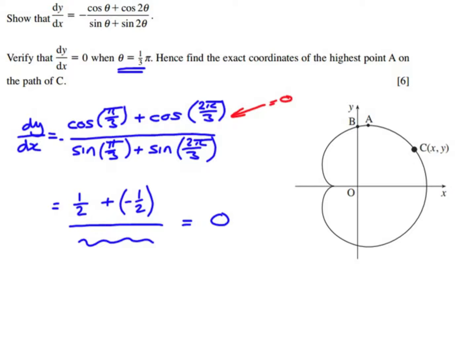We're then asked to find the coordinates of the highest point A on the path of C. Now we need to realise that if the gradient is 0, then it must be a turning point.